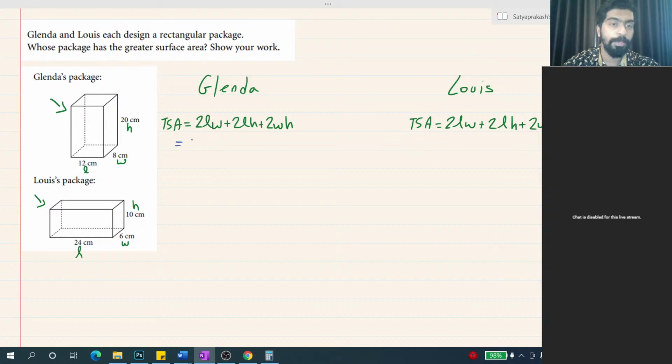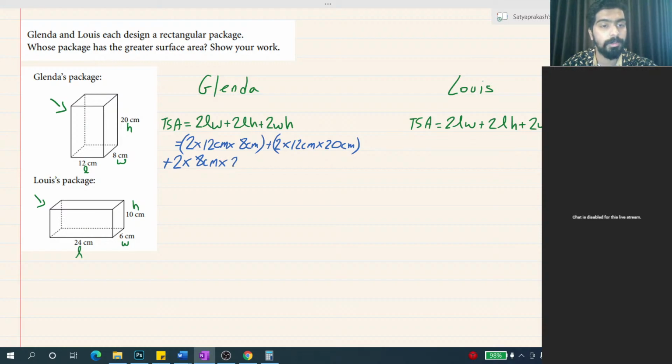So we would have 2 multiplied by the length, which is 12 centimeter, times the width, sorry, which is 8 cm. So we have 2LW plus 2LH, which is 2 times 12 cm times height is 20 cm. And the last one is plus 2WH, so plus 2 multiplied by width, which is 8 centimeter, times the height, which is 20 centimeter. Right, guys?